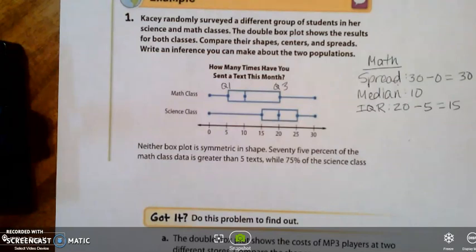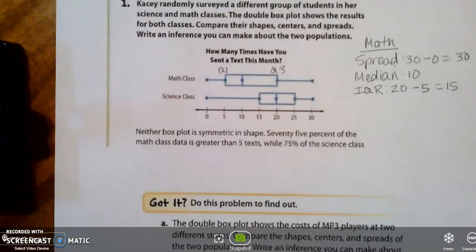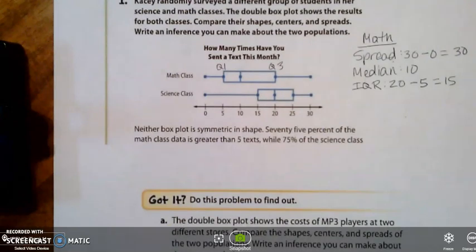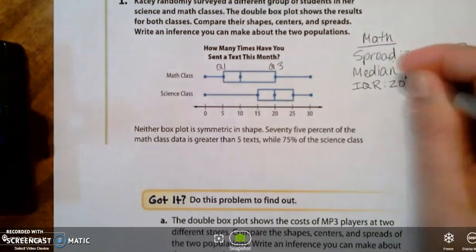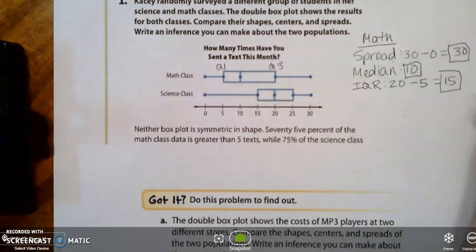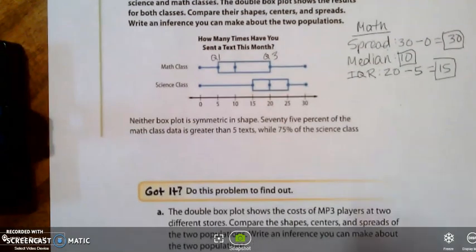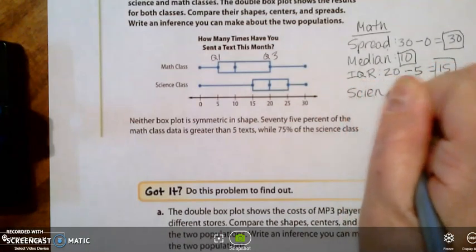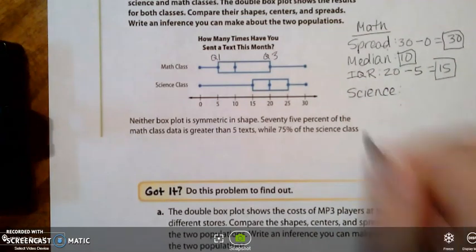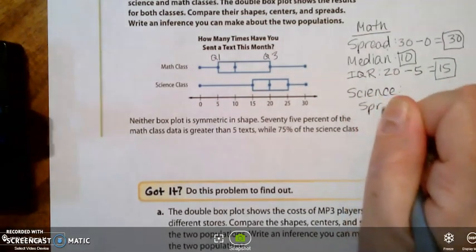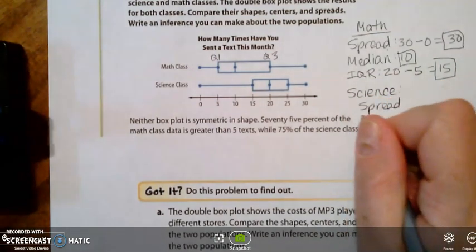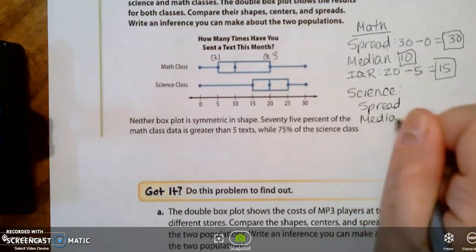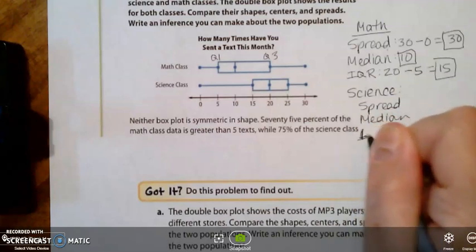Okay, so the next one, I'm going to write out the same thing, but I'm going to pause, and I want you to try to do it by yourself. I'm not going to do this one in an Edpuzzle, just because this is our first time. I don't want anyone nervous about doing this. So now we're going to look at science. Let's write the word spread, median, and IQR.